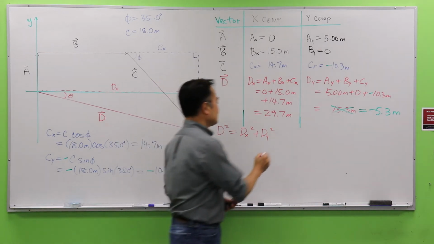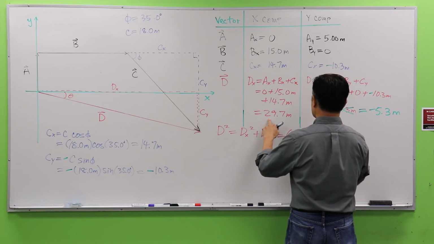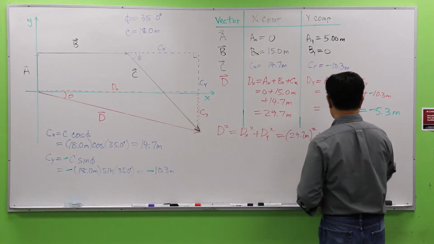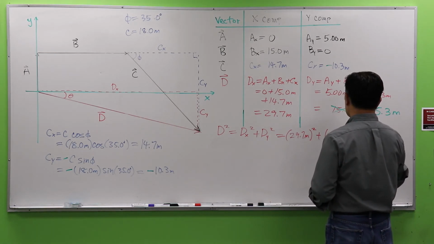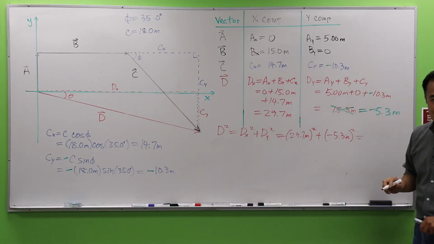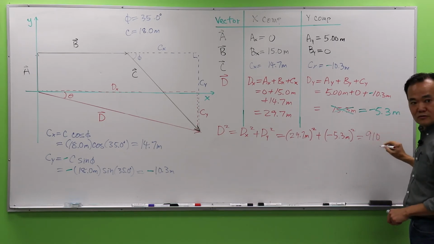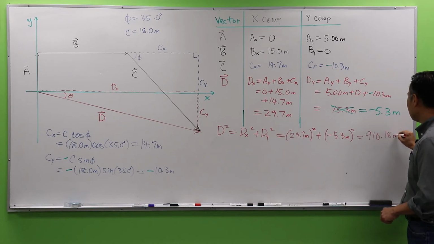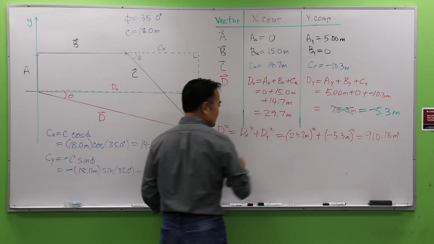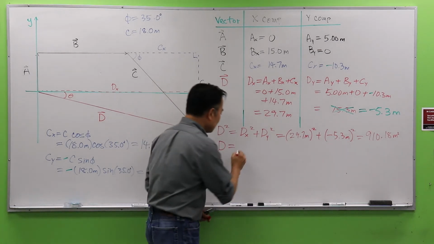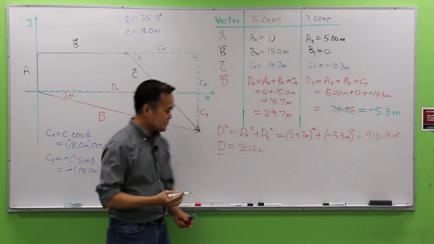Okay, and so that's right here, 29.7 meters squared, and negative 5.3 meters squared. Of course, when you square it, the negative sign goes away, and this works out to 910.18 meters squared. Taking the square root, you get 30.2 meters. That's the magnitude.